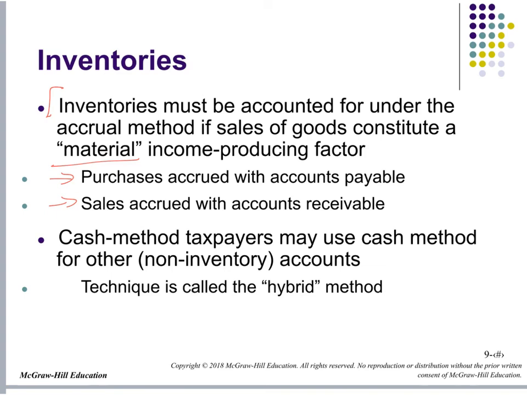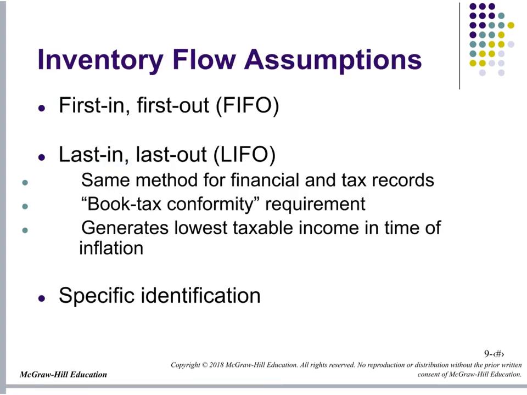All right. When we talk about inventories, we have to talk about cost flow methodologies and inventory flow assumptions. FIFO, LIFO, and specific identification work exactly the same in the tax world as they do in the financial world. Okay. The interesting thing about using LIFO is if you use LIFO for tax purposes, you also have to use it for financial purposes.